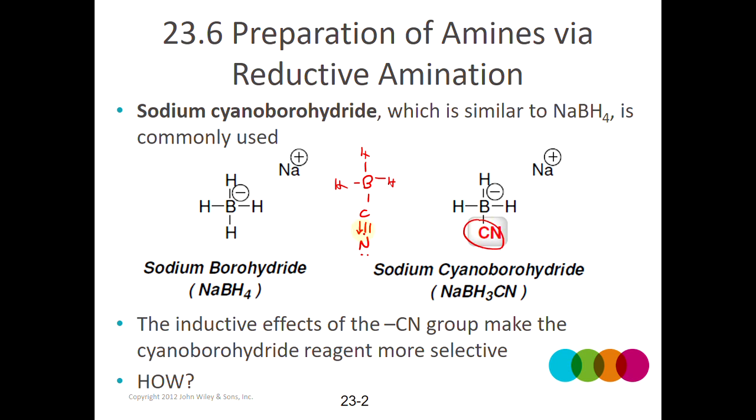And through induction and a little bit through resonance, the nitrogen is pulling electrons away, creating a fairly large partial positive there, which attracts electrons away. So what makes this reactive is the negative charge on the boron. That's why a hydride will start to pull the electrons away and deliver them to an imine.